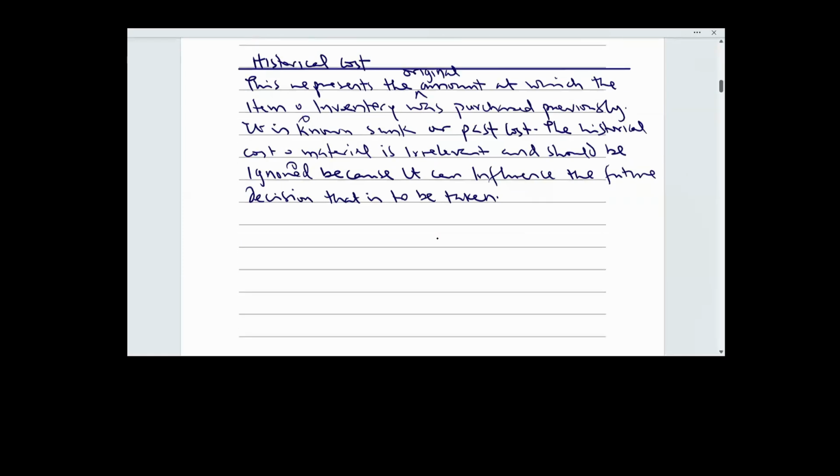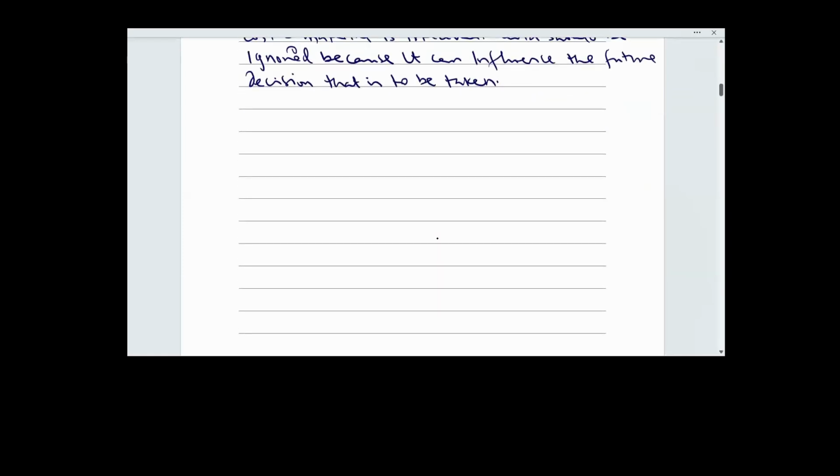Shortcuts for determining relevant costs of labor.